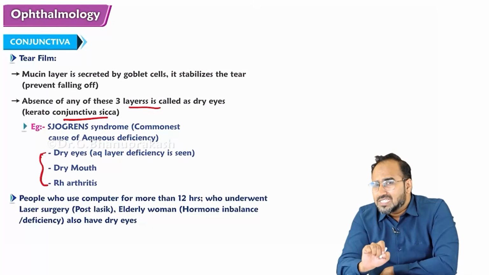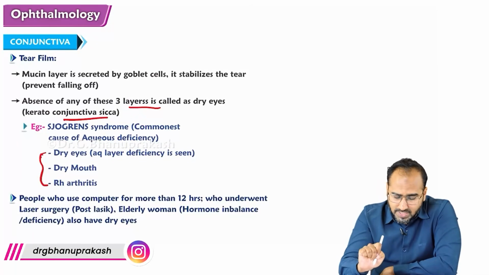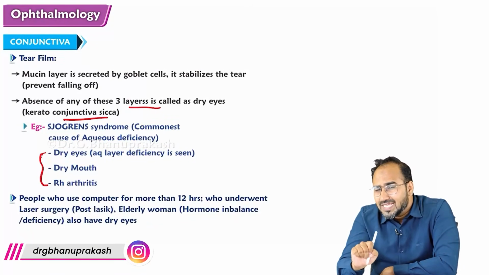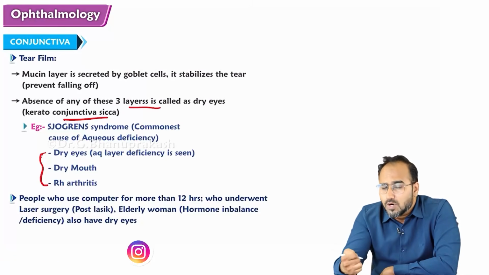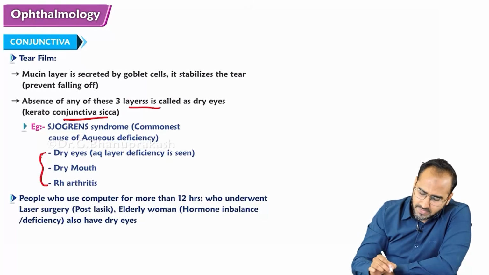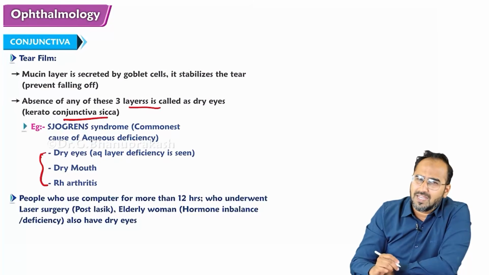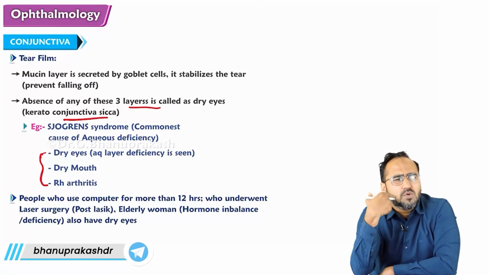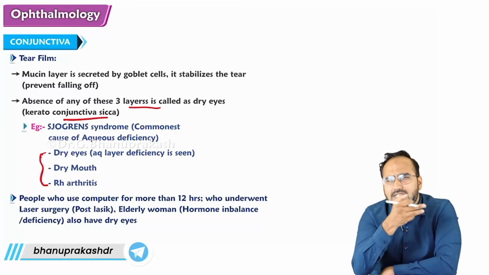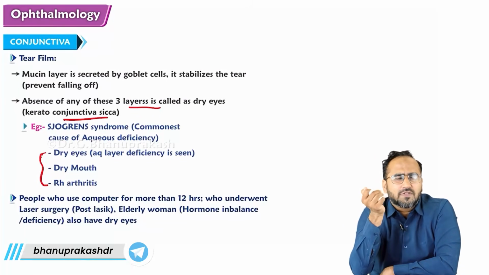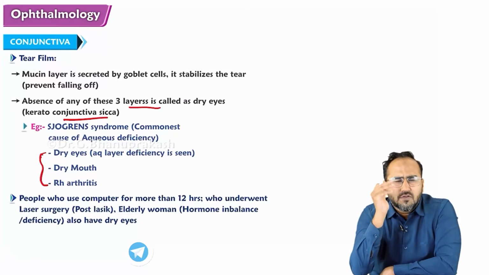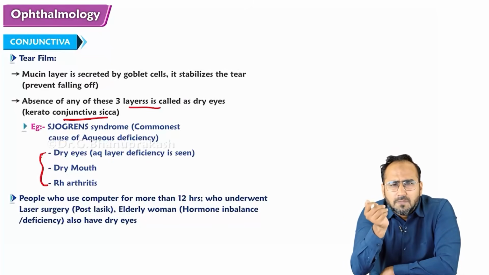This condition called dry eyes is commonly seen in contact lens wearers, or in a person who sits in front of the computer for more than 12 hours. Why? Because when we sit in front of the computer for more than 8 to 10 hours, as is commonly seen in software engineers, we are staring at the screen without blinking.